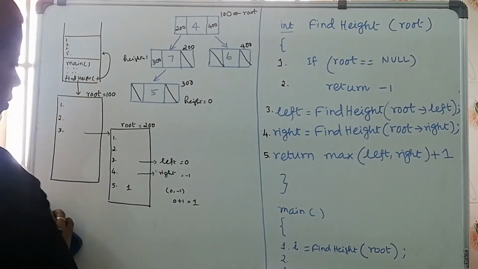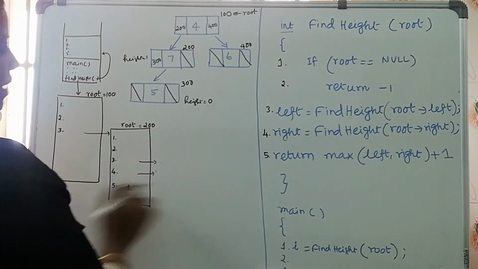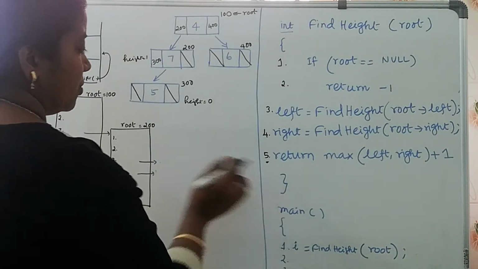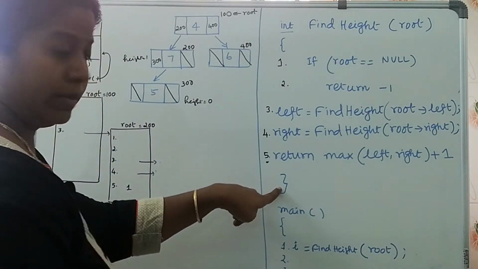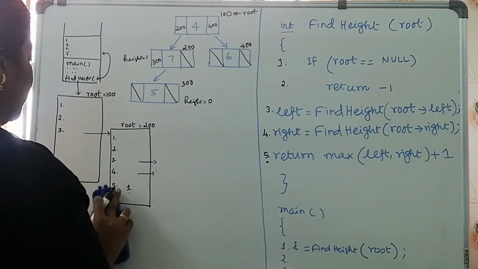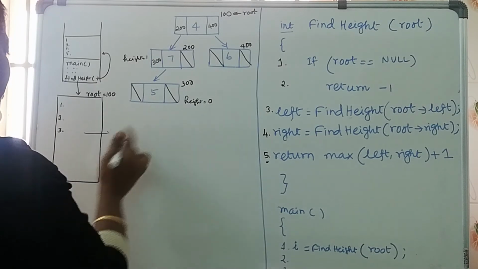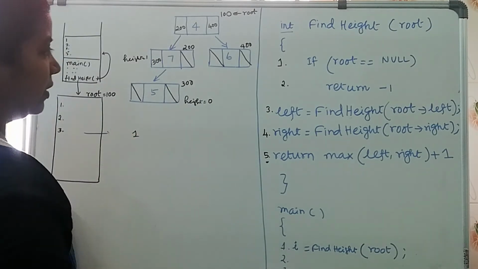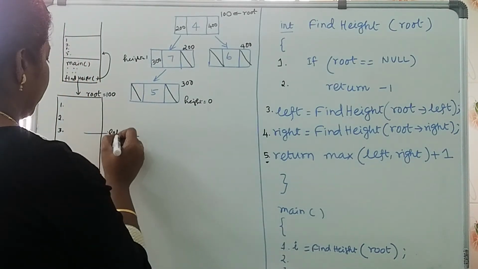After completing this, there is no statement further, just a closing curly brace. So this will return 1 back to line number 3, and that value 1 gets assigned to the variable left.